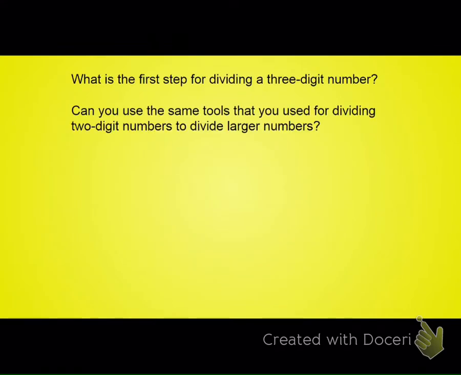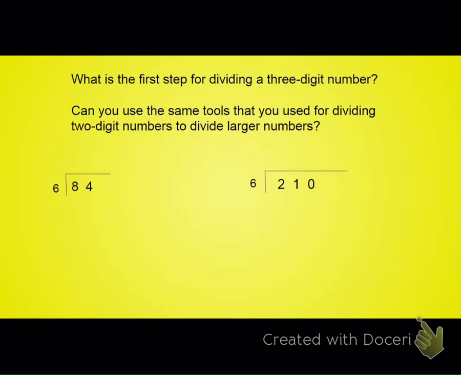Alright, so let's go ahead and talk about dividing. What's the first step for dividing a 3-digit number? Can we use the same tools that we use for dividing 2-digit numbers to divide larger numbers? Well, yes, we can. In this example, we have a 2-digit number divided by a 1-digit number. Here we have a 3-digit number divided by a 1-digit number.